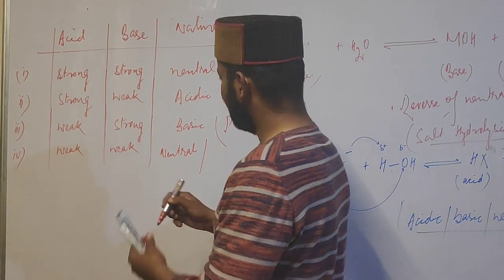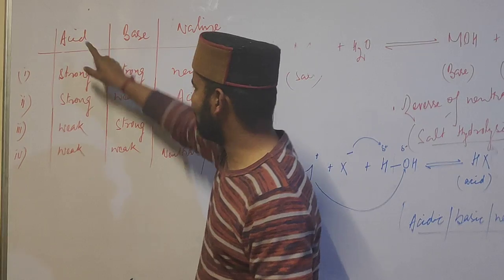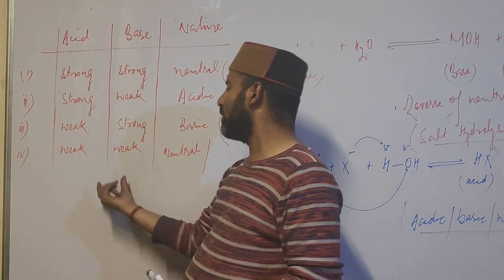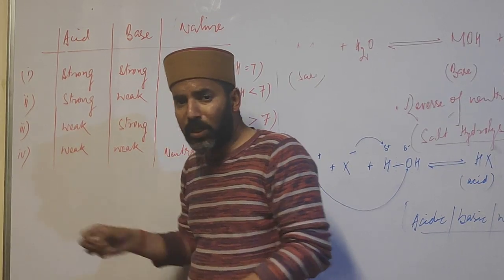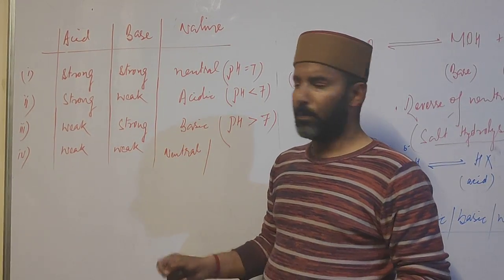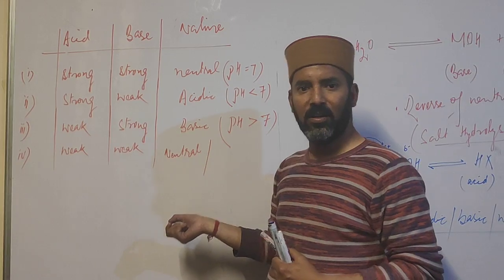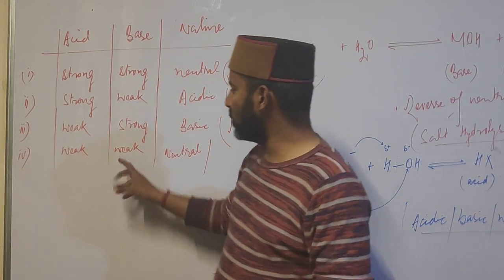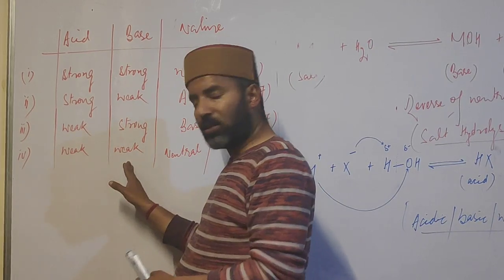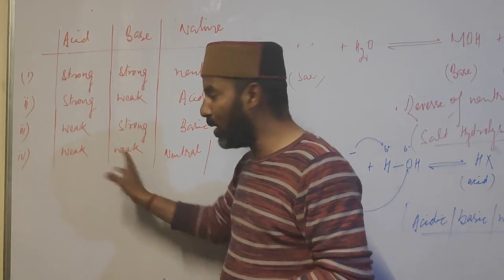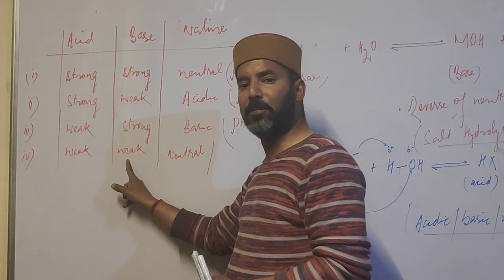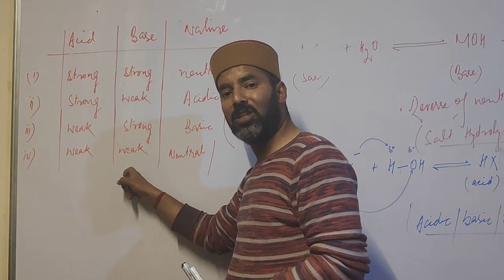But suppose, though they are weak, listen students, if I am saying both are weak, it is not necessary that they are equally weak, because a weak acid or weak base means the degree of dissociation is less than 5%. Means suppose this one is 4% and this one is 3%, both are weak, but they are not equally weak, because I said 4% for this and 3% for this, so that means this one is more weak.